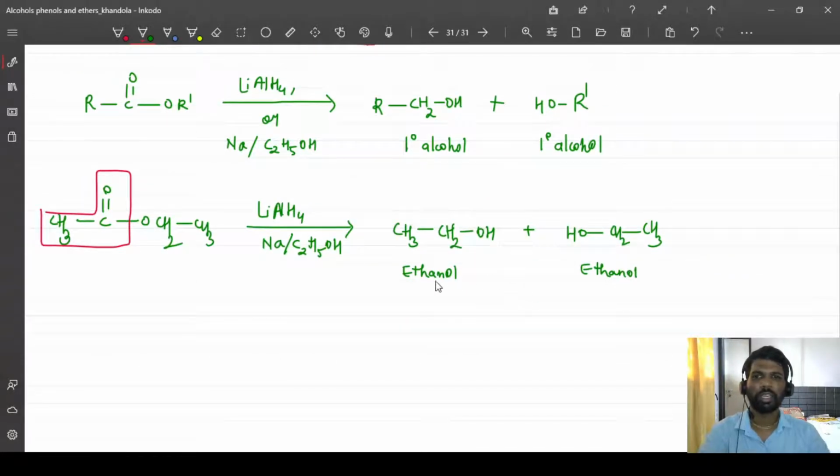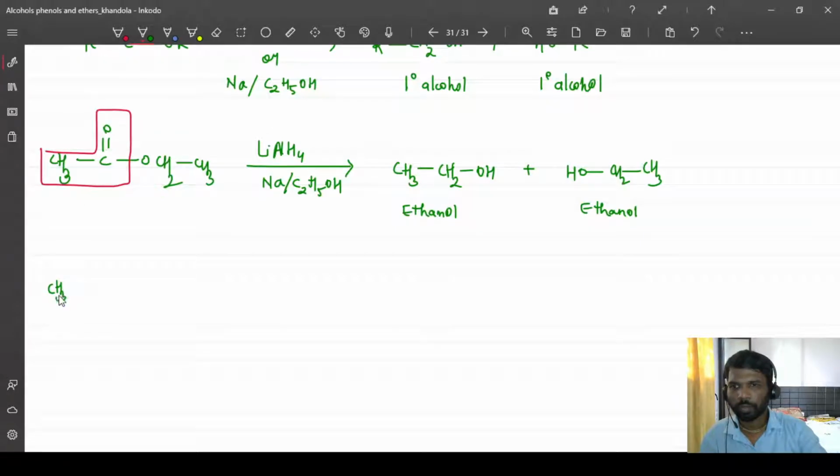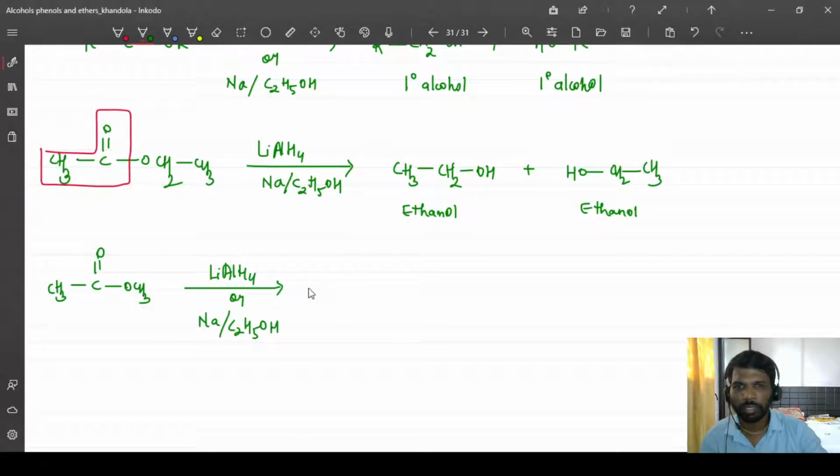Here you are getting a pure alcohol. But if I take some other example like CH3COOCH3, in this case you will be getting a mixture, using lithium aluminum hydride or sodium in the presence of ethanol. This is also a reducing agent.